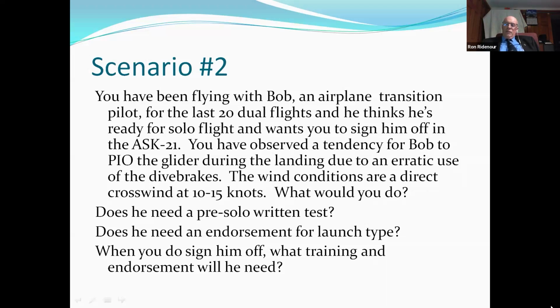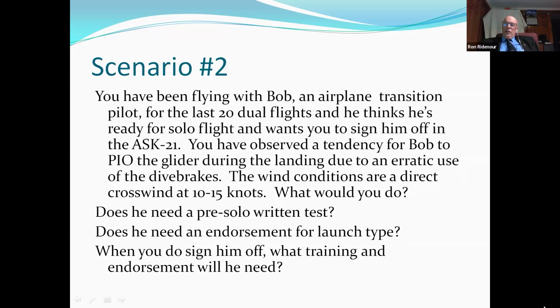In essence, before you can put your signature on the line for 61.31(d)(2), you've got to make sure that they've been trained in accordance with the areas of operation which are in the PTS in the case of a glider, whether it's private or commercial pilot. It's a lot.